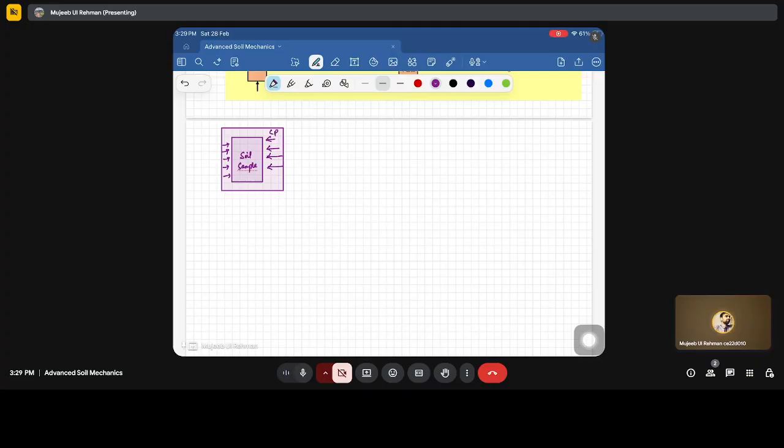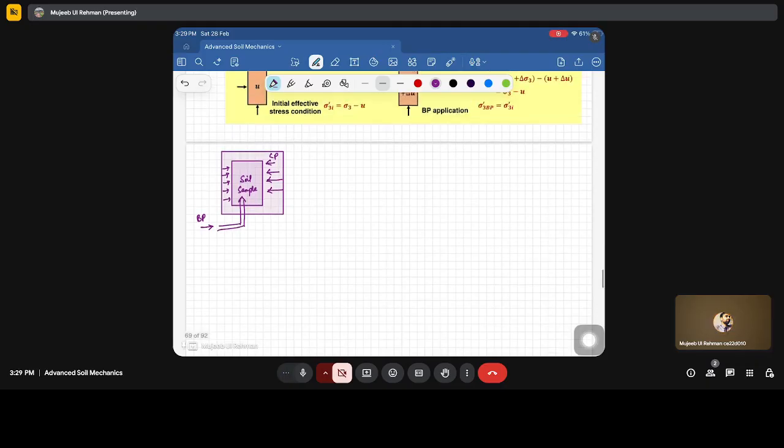This back pressure is applied directly to the soil sample. As I told you, the back pressure is the water pressure applied to ensure full saturation. Now this cell pressure should always be greater than the back pressure. Why?